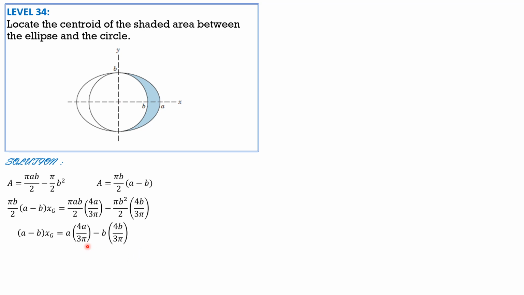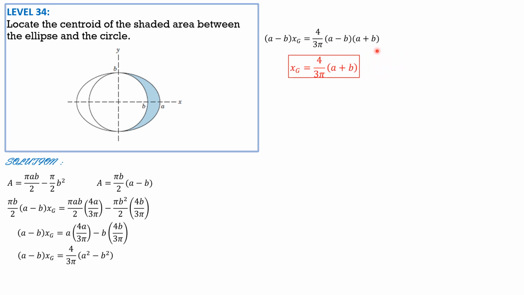So factor out 4 over 3 pi. xg is 4 over 3 pi, quantity a squared minus b squared. Then let's factor a squared minus b squared into a minus b times a plus b. So a minus b, xg equals 4 over 3 pi, quantity a minus b times a plus b. Then finally we can cancel a minus b, then have xg equal to 4 over 3 pi times a plus b. So that is for xg.